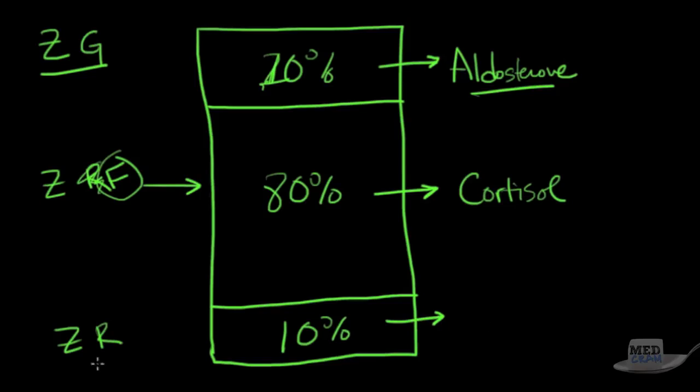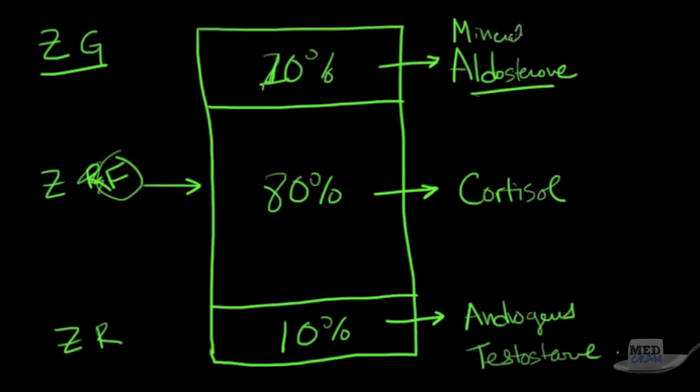And the major hormone coming out of the zona reticularis are androgens. The biggest one is testosterone. Okay, so aldosterone is what's known as a mineralocorticoid, and cortisol is what's known as a glucocorticoid.